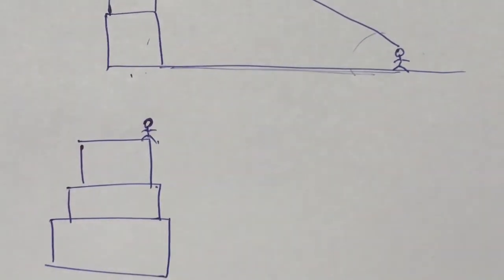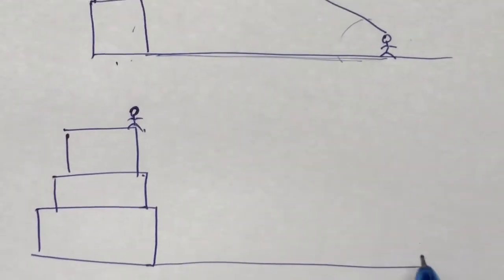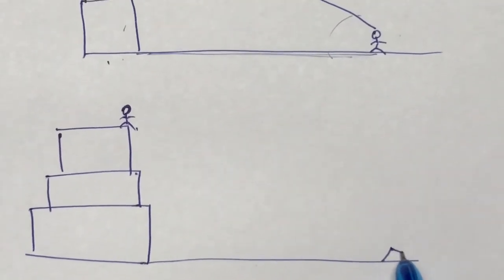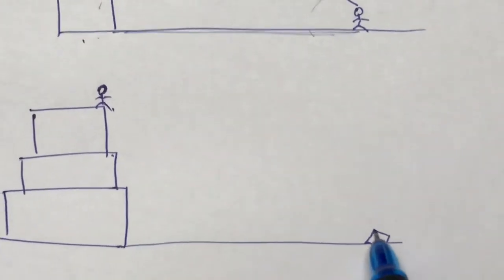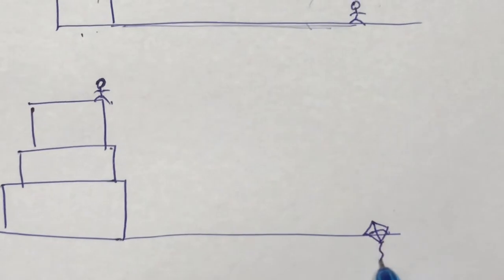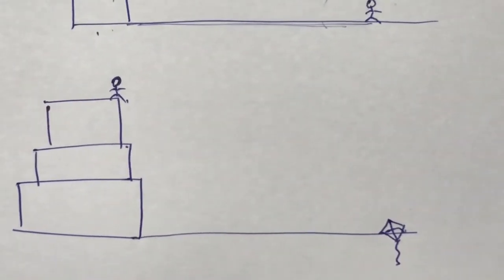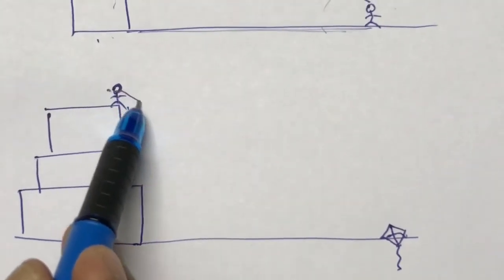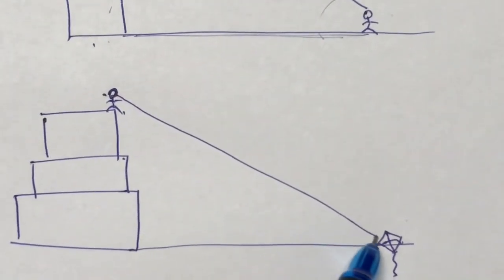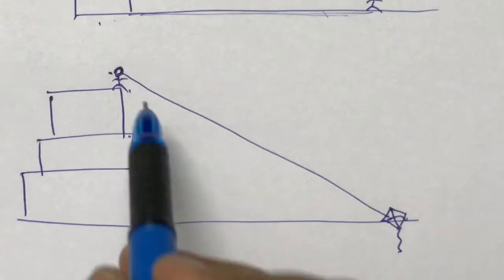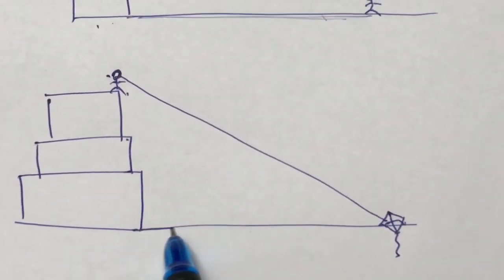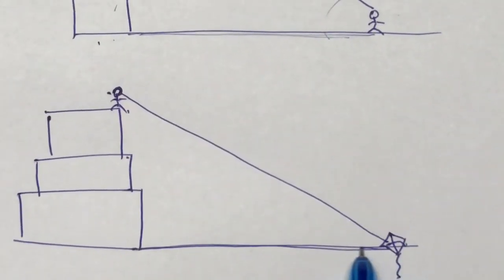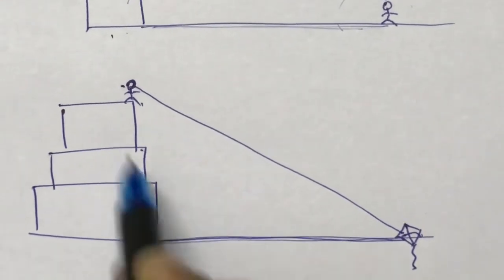Somewhere here you find a kite lying on the ground. So from here you see the kite on the floor. Now you can approximately tell the distance of this kite from the building.